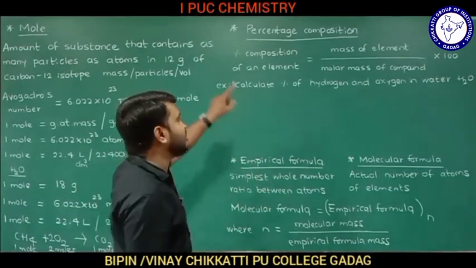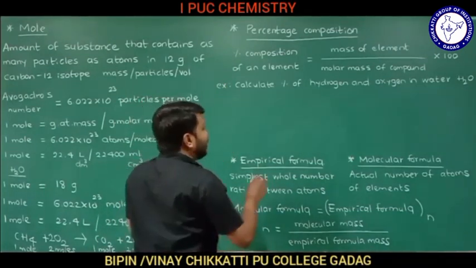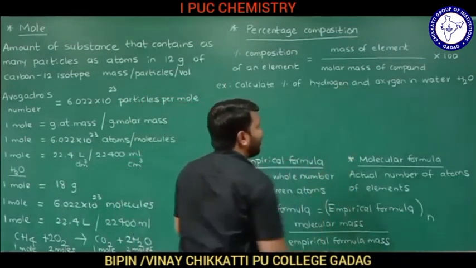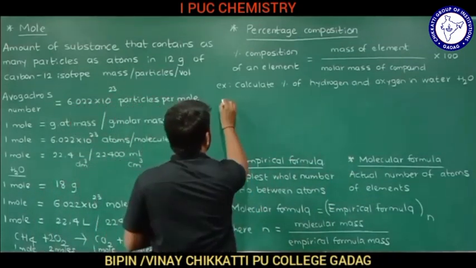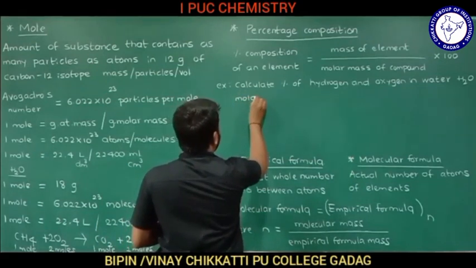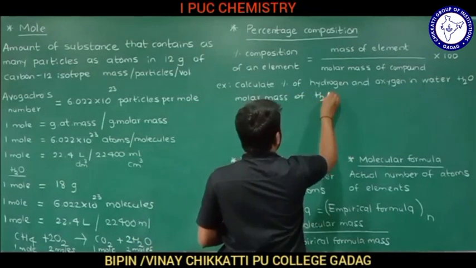And that calculation depends on this formula. Okay, so first what we have to do is see which compound is given. What is it? Water is the given compound. You have to calculate the molar mass of that. So I am going to write here the molar mass of water. What is the molar mass of water?